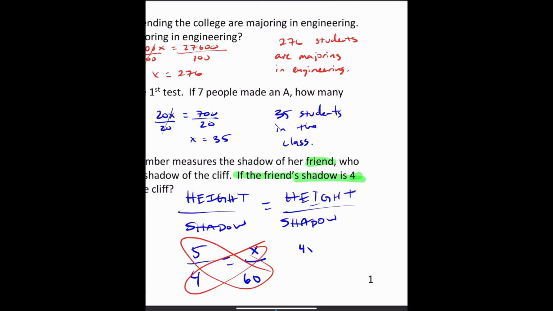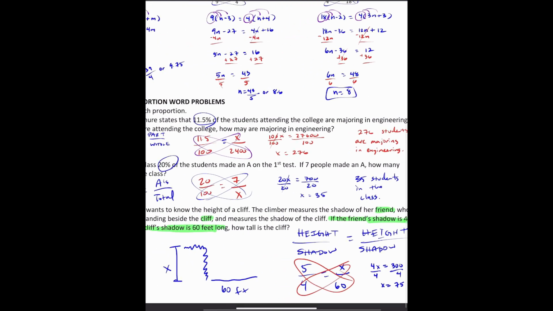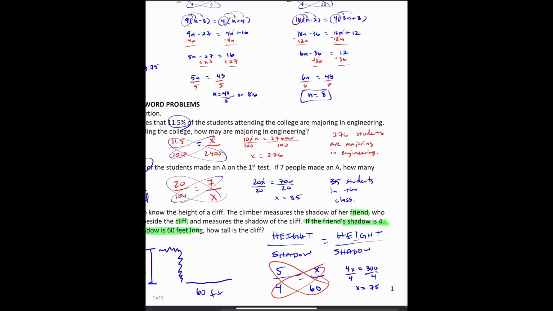So I have 4x equals 60 times 5, that's 300. Now if I divide both sides by 4, I get x equals 75. So the cliff is 75 feet tall.